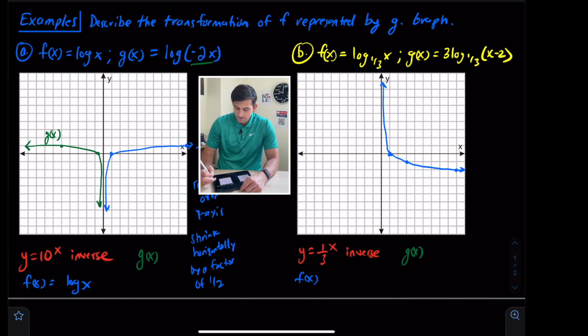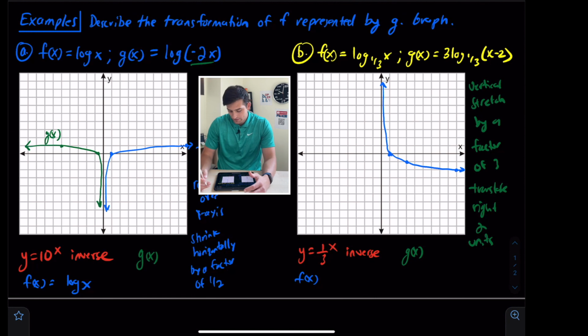So once again, we have 2 things happening. Number one, we are going to vertically stretch by a factor of 3. And number 2, we are going to translate right 2 units. Okay, so vertical stretch by a factor of 3.